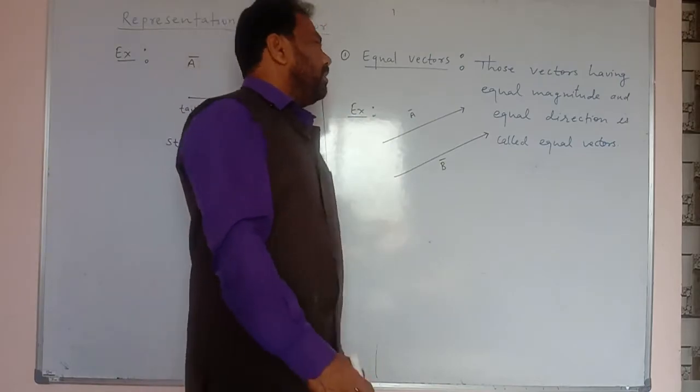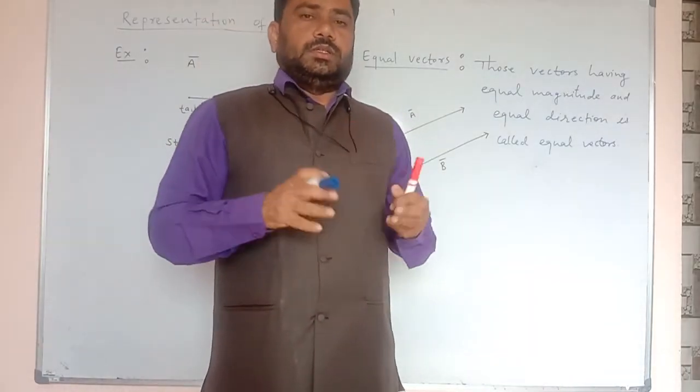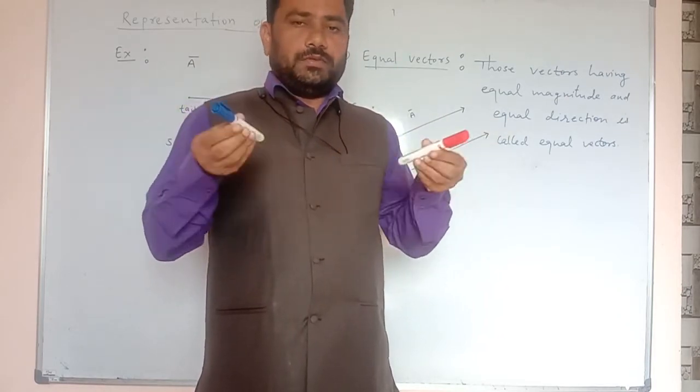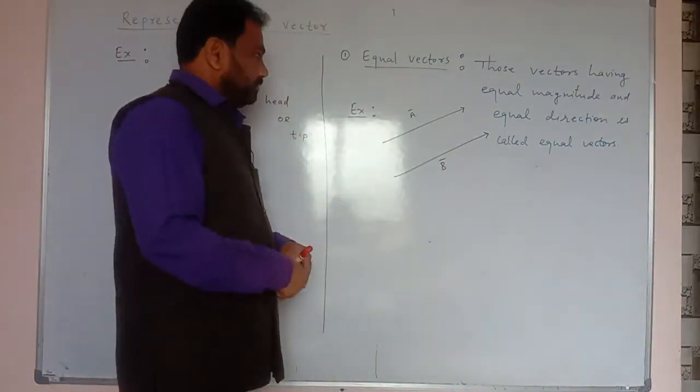So what you remember here? Equal vectors means those vectors which have the same or equal magnitude and equal directions. So these are the equal vectors.